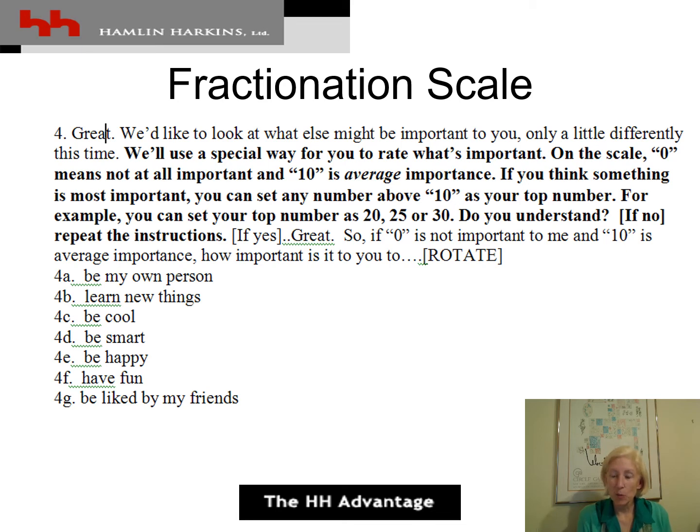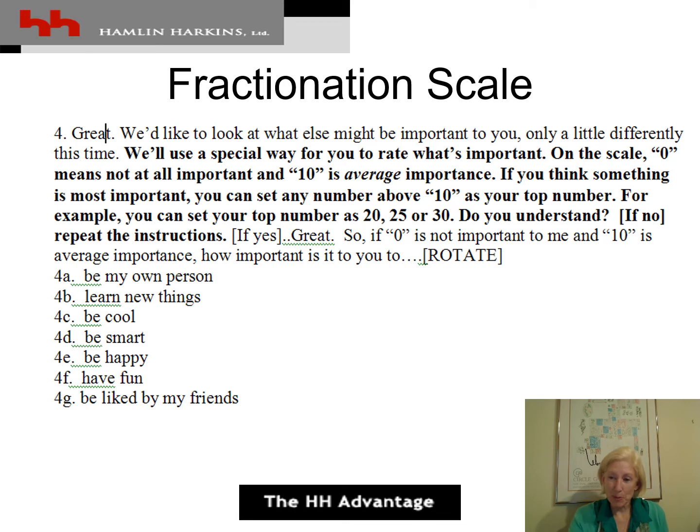The way it's set up is that you create a 0, meaning none of something, 10 is average, and then you let people set their upper limit wherever they like, and scale relatively against their own scale. So this is an example of a question looking at people's sense of self, where 0 is not important, 10 is average, and how important are the following things to you.